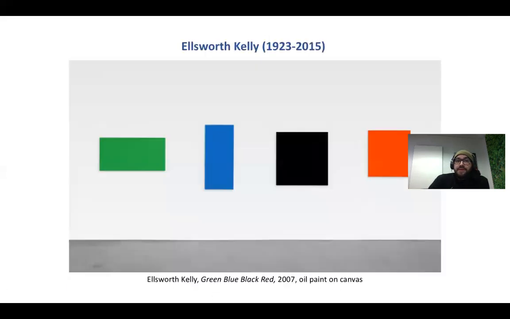This is a piece by Ellsworth Kelly. It's simply called Green, Blue, Black, and Red. We're here to view and appreciate the simplicity of the shapes, the minimalist aspect of it. Ellsworth Kelly typically gets his inspiration from nature itself, but simplifies it in a way that we cannot recognize anything anymore.